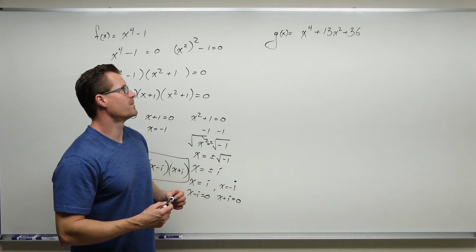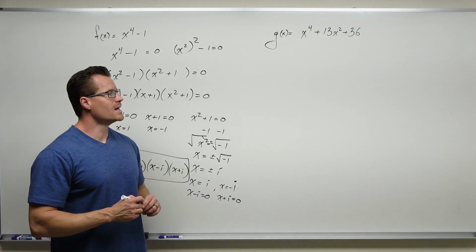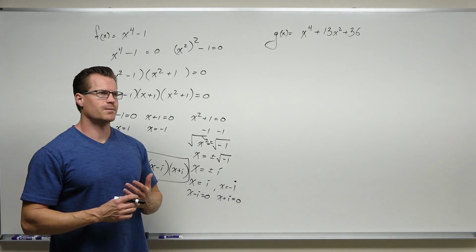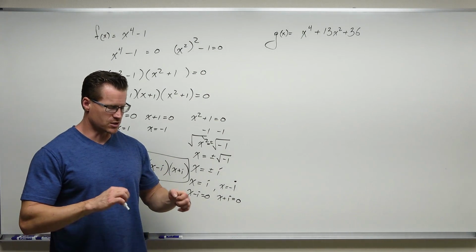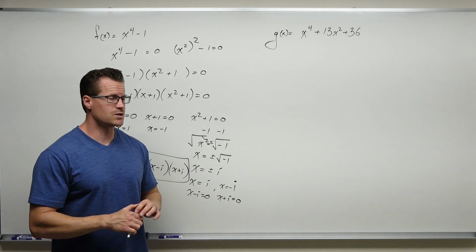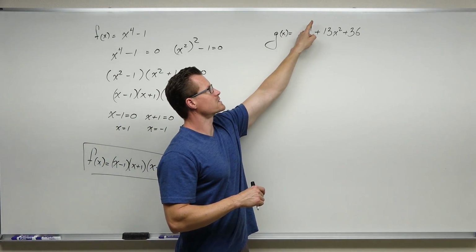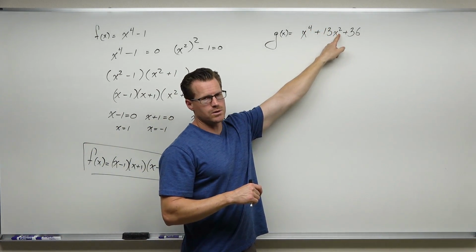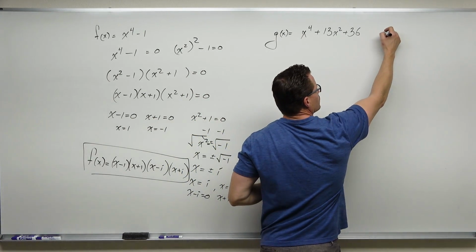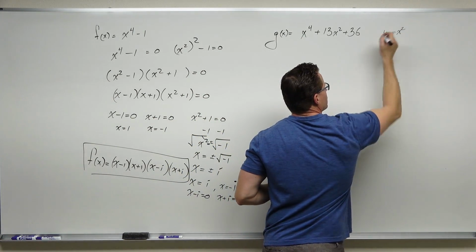So x to the 4th plus 13x squared plus 36. If we remember, I'm going to use this with a substitution so we can sort of spiral that into. For things that have a power here that's twice the power here, you can do a substitution. So we're going to call u equal to x squared.